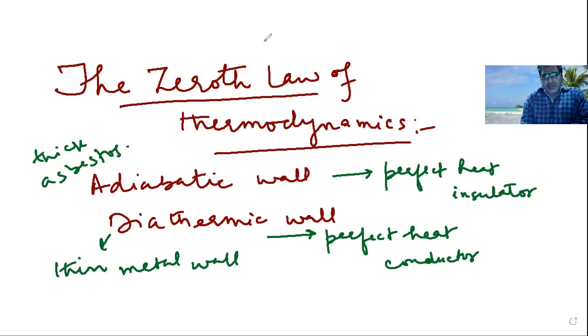We said if two systems are separated by adiabatic wall and we make change in the macroscopic variables of one system, that will not affect the macroscopic variables of other system. And in case of diathermic wall, if two systems are connected by it, changing macroscopic variables of one system will change the macroscopic variables of other system. And when two systems are separated by diathermic wall, they are said to be in thermal contact.